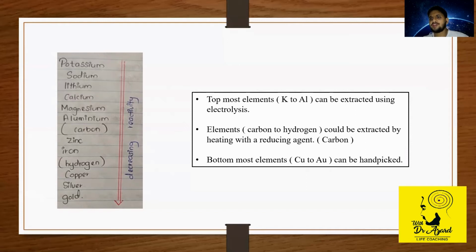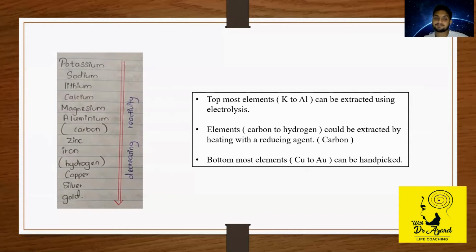Due to this reactivity, the technique we need to apply to extract these metals is different. For example, for elements from potassium to aluminium, if you want to extract the metal, we need to perform an extraction method called electrolysis.